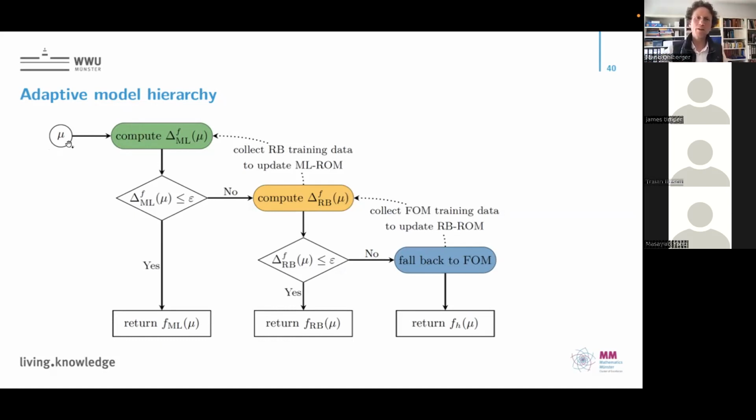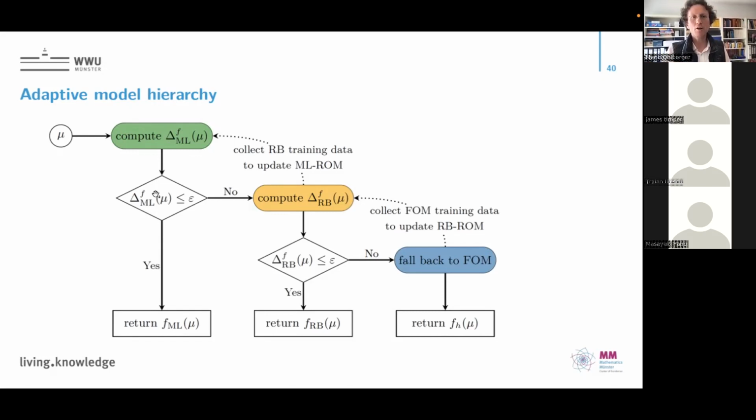So if you start with this procedure and your machine learning model or your reduced space model is not trained well enough, then what you do is first, of course, you have the model that is already in the black box. It can be empty. It can be any preparation step. So you compute the error estimator that is now available.